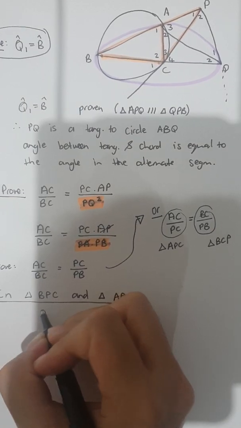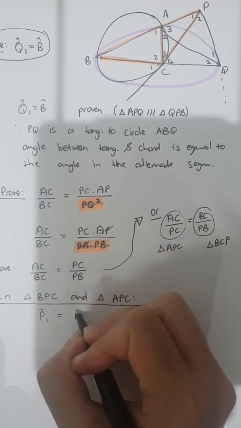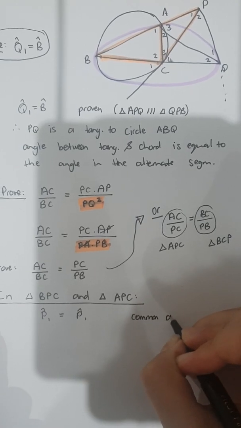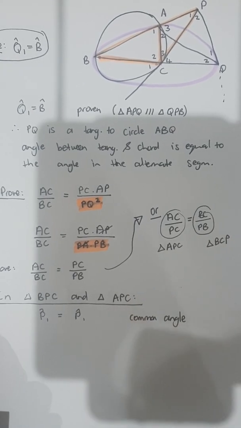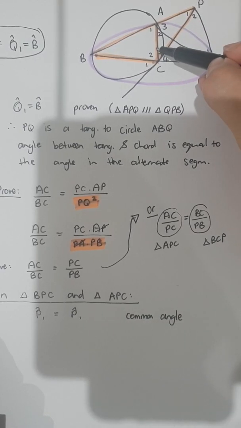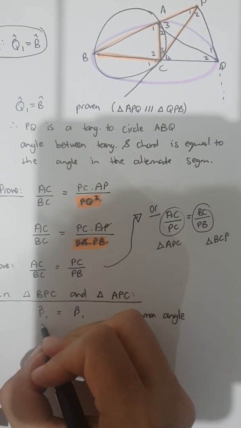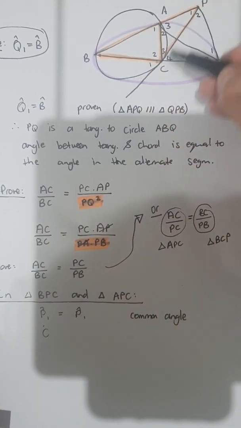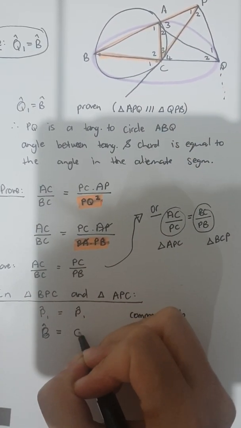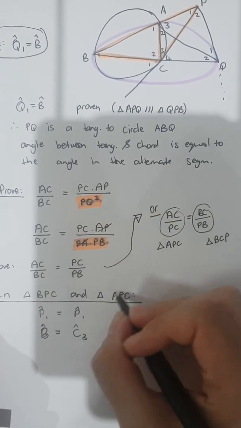First of all, they share an angle. It is a common angle that they are sharing. And B is equal to C3 in triangle APC.